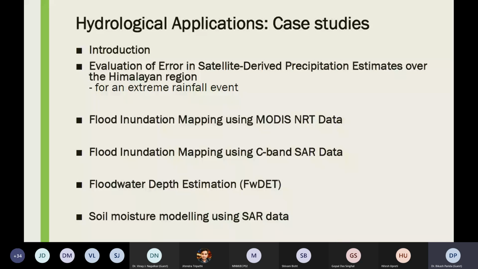For flood modeling, we also have different options, like using hydrological modeling. One can also use that. The only fundamental difference is that if you are using any kind of model, it demands a huge number of input parameters.